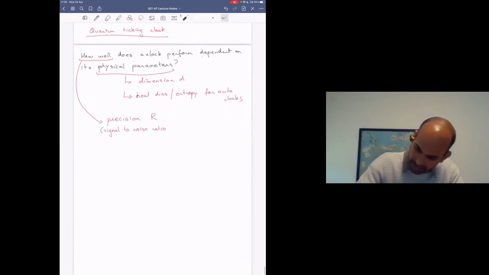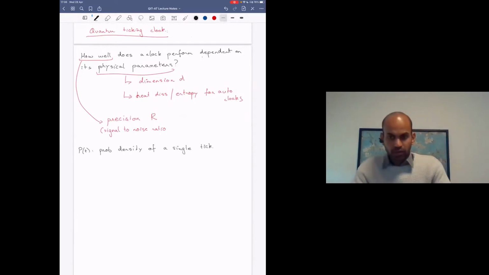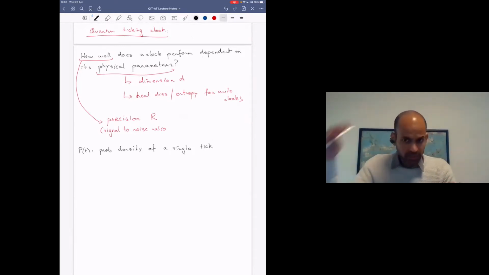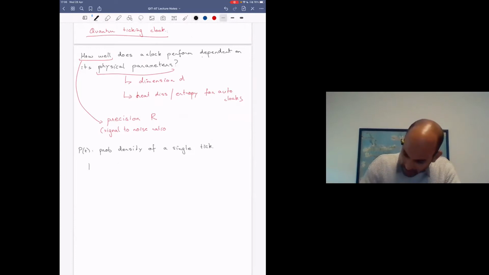So I'm going to write this down as an object. P of t is the probability density of a single tick. So I'm just going to look now at the simplification. I have a clock, I prepared it in some initial state, and I look at the first tick of the clock and I ask how accurate it is, how sharp it is somehow.